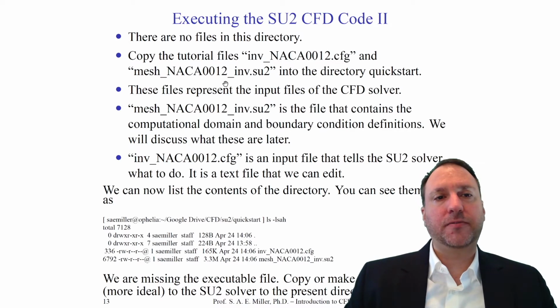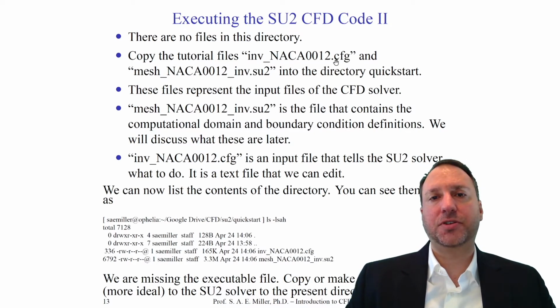So from the tutorials directory, you'll have to go in with File Explorer or CD to the tutorial files and go into the Quick Start tutorial or the Inviscid NACA 0012 tutorial and copy the file called inv_naca0012.cfg and copy the second file, mesh_NACA0012_inv.su2, into the directory which we just created called Quick Start.